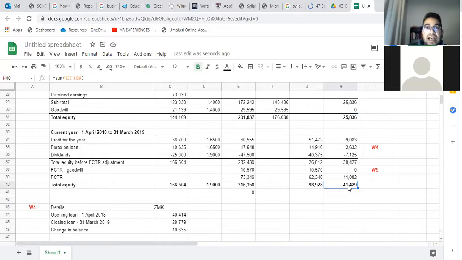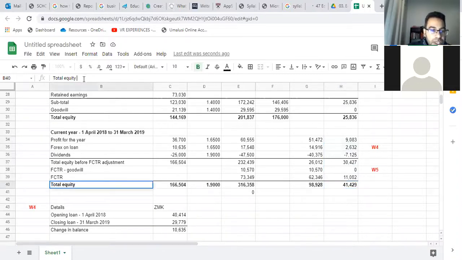So NCI is NCI at acquisition plus NCI since acquisition plus NCI current year. So NCI at acquisition, there's no NCI since acquisition, and then we have this year, that plus that is NCI current year, which gives you NCI at 31 March 2019.